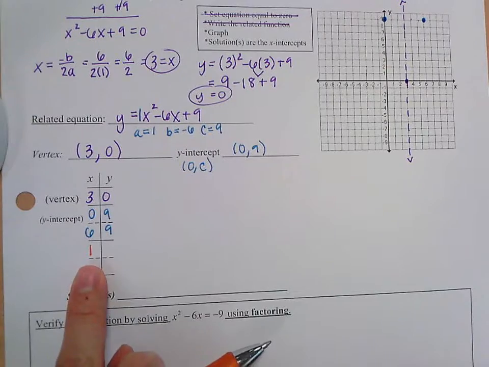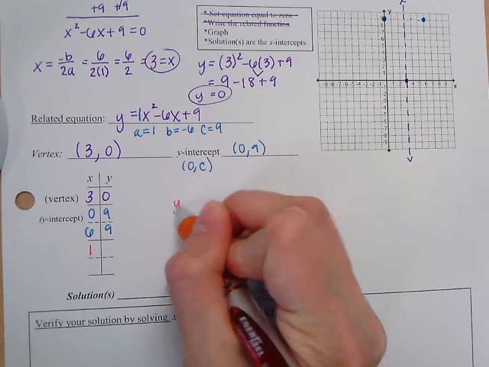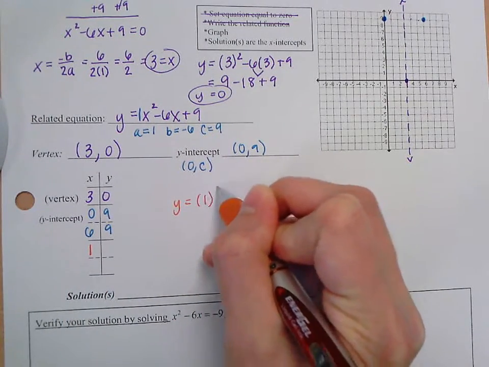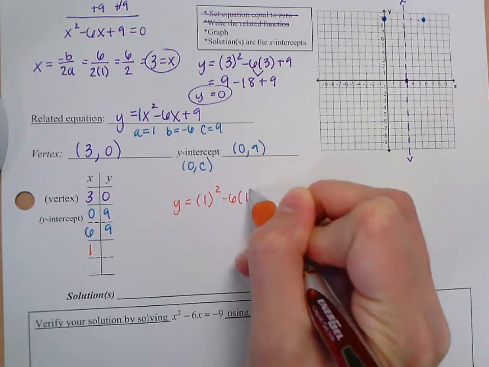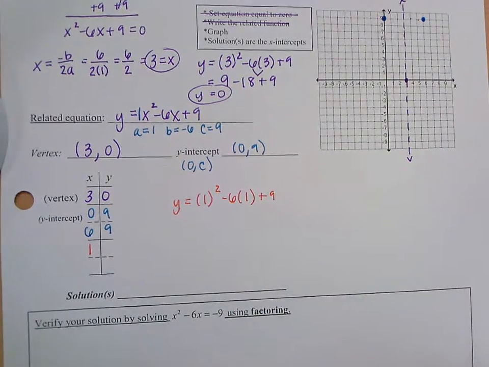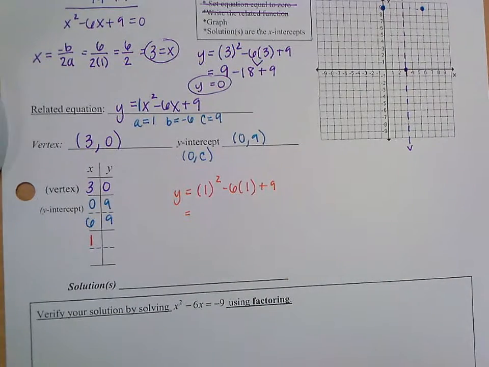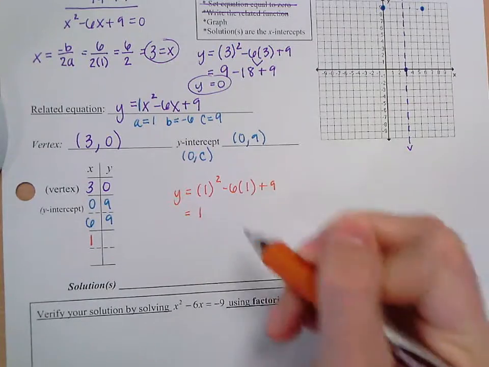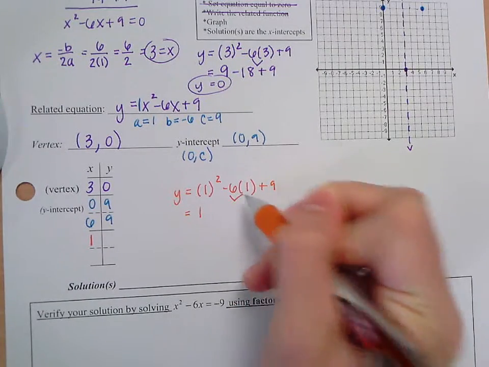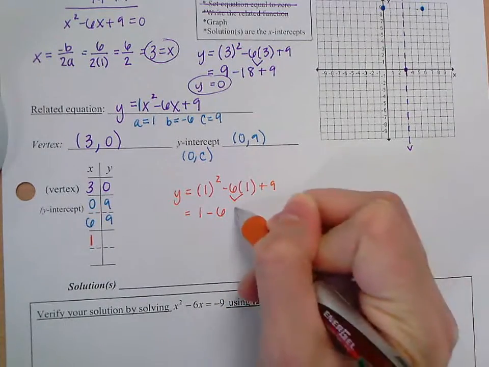So if we substitute in 1, I'd have y equals 1 squared minus 6 times 1 plus 9. What is 1 squared? 1. 1 times 1. And then the minus 6 times 1 will be minus 6.